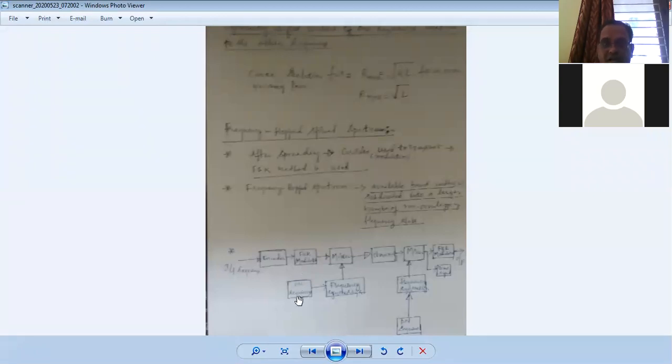Here there is a PN sequence generator, which will select the frequency Fc. This will be mixed, so that means we are using the frequencies. That is why in these cases we use frequency shift modulation techniques, and this signal will be transmitted over the channel. This is exactly the transmitter, and this is exactly the receiver part.